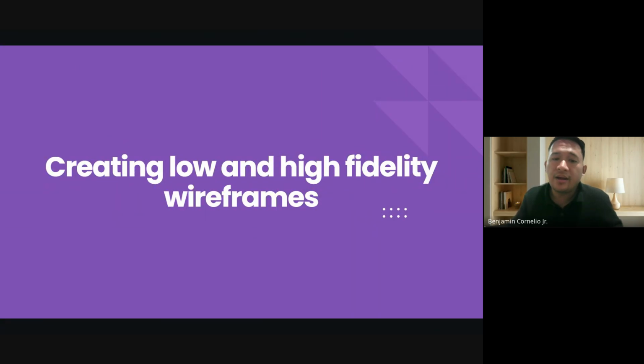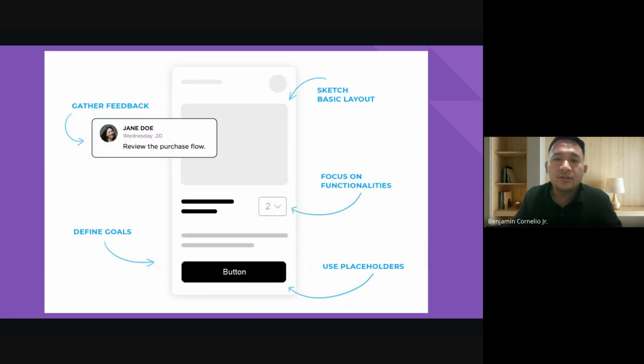So how do we create low and high fidelity wireframes? Basically, this is how it looks. It's just simple. When we create low fidelity wireframes, we define the purpose: identify the primary goals of the wireframe. Are you brainstorming ideas, gathering initial feedback, or outlining the basic structure? Those are the questions. Then sketch a basic layout. Start with simple sketches on paper or using digital tools, and as I mentioned, use placeholders.